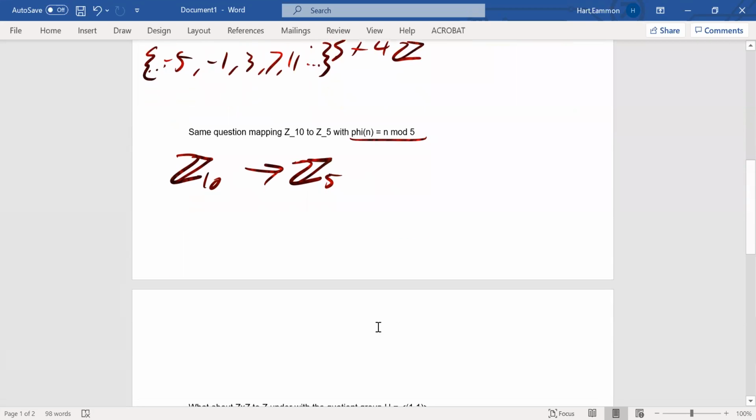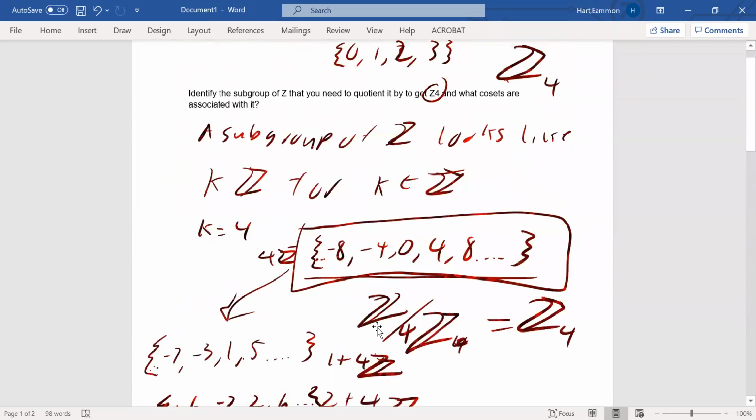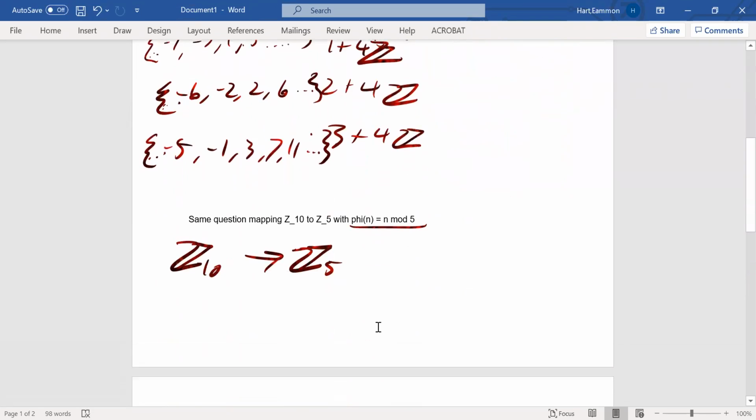So first off, what subgroup would you associate this with?